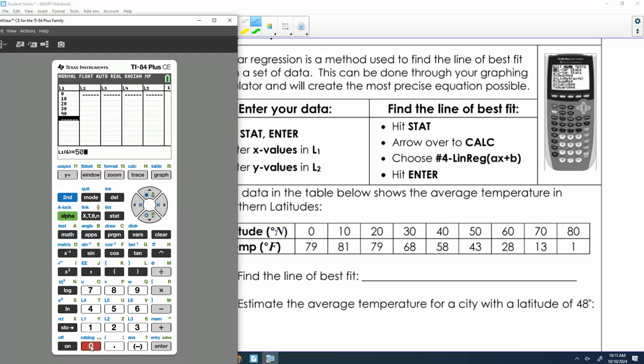It is important to put them in order. Once you get all of them entered in one list, you can use your arrow to go to the next list and enter the next points in order.